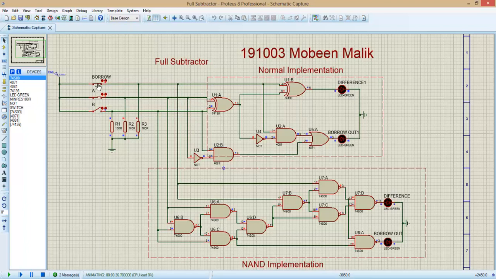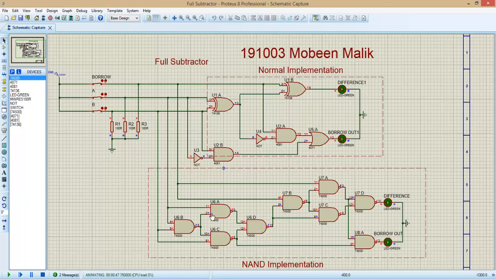Same goes for here. And 1 minus 1 minus 1 actually gives out a difference of 1, and there has to be a borrow taken, because 1 minus 1 becomes 0, and we have to take a borrow to subtract this 1 from this 0.